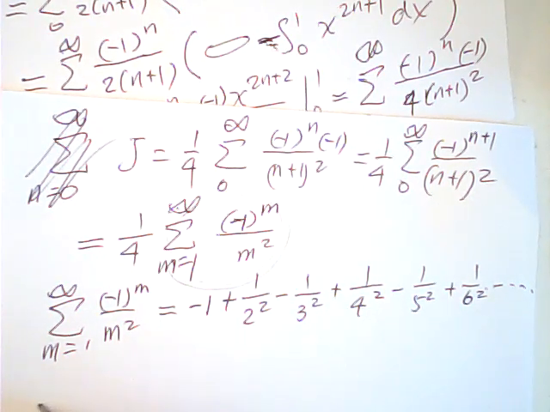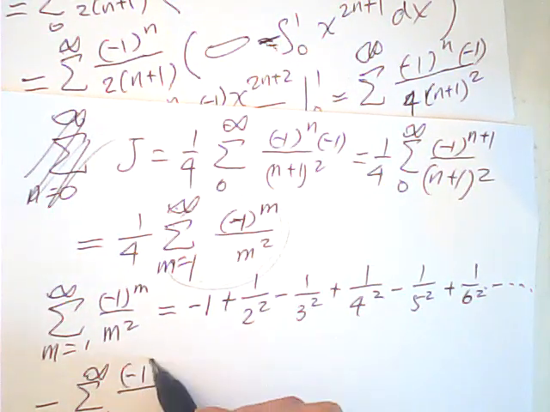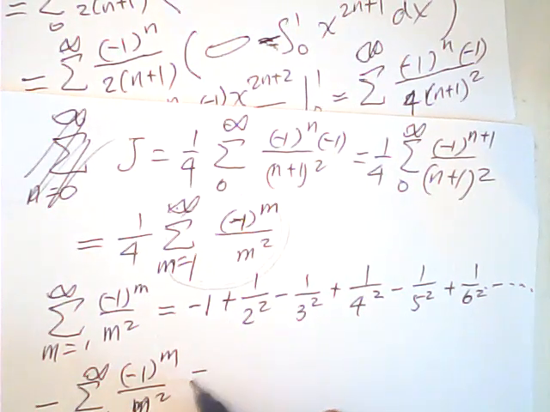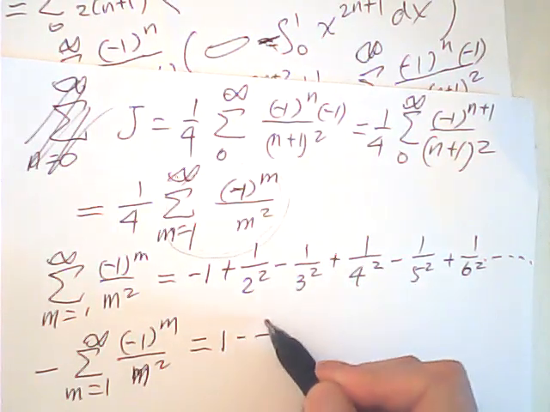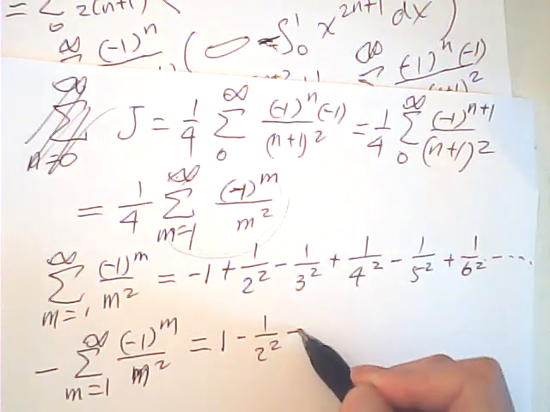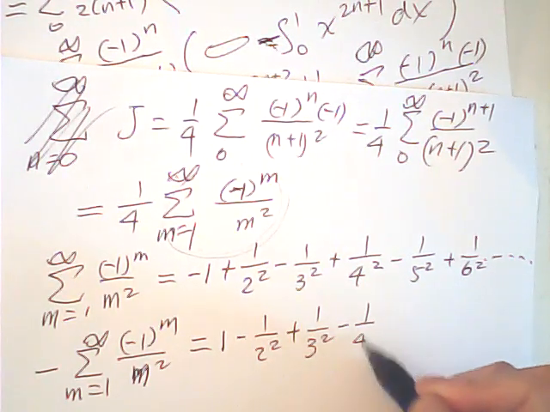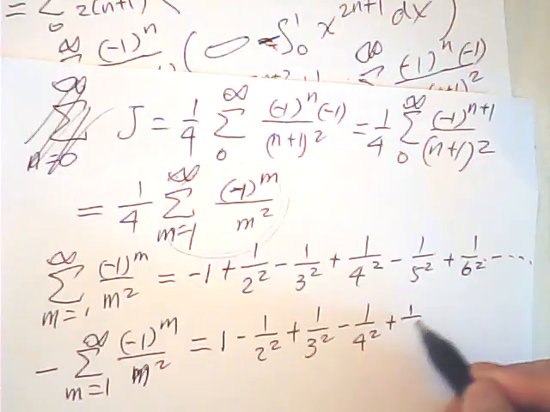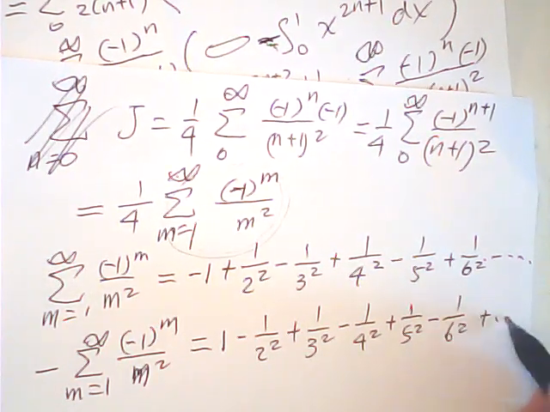If I take the negative outside, and change the sign, it becomes 1 minus 1 over 2 square plus 1 over 3 square minus 1 over 4 square plus 1 over 5 square minus 1 over 6 square and so on.